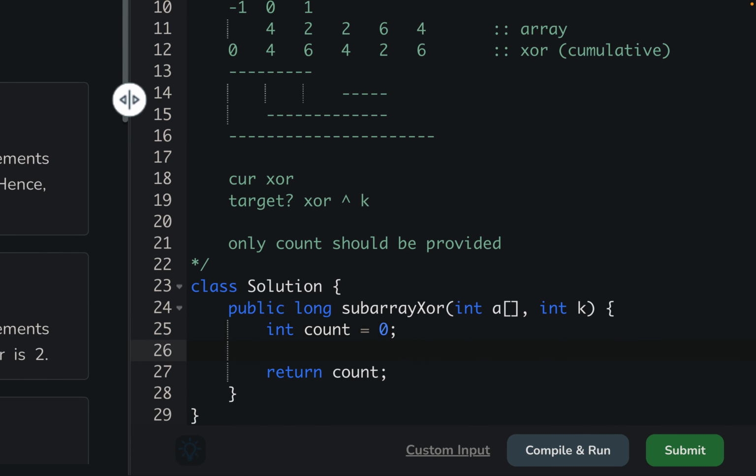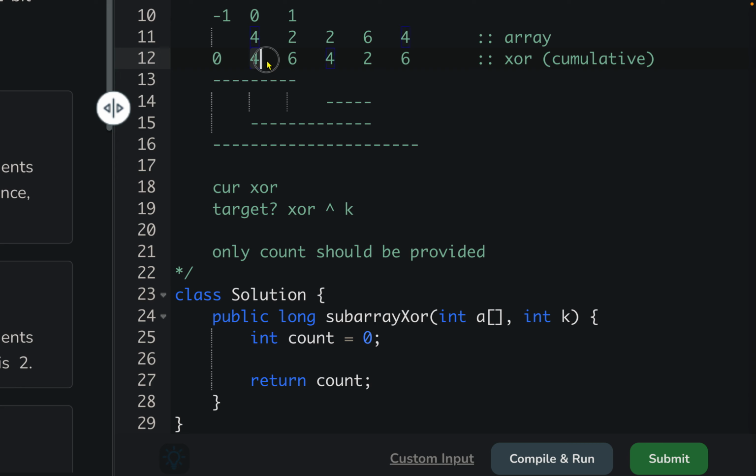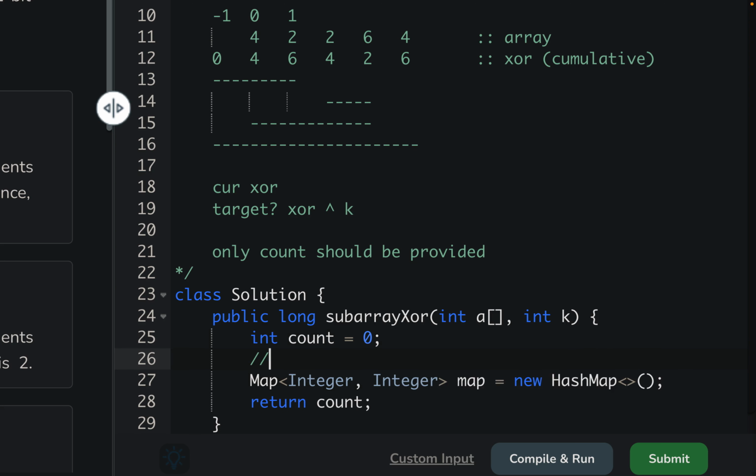Let's do this. Let's take a map, because we need to store what XOR is with what count. So map, integer to integer, and I want to name it as map, new HashMap. So what will this map do?